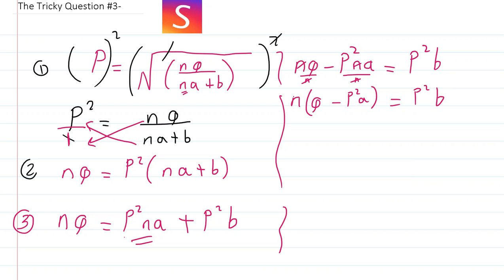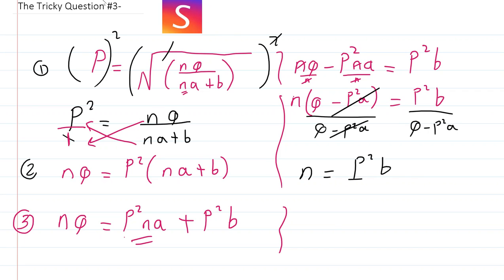Now, how can I make n the subject of the formula? I'm going to divide both sides by q minus b squared a. So I have n now is equal to b squared b divided by q minus b squared a.